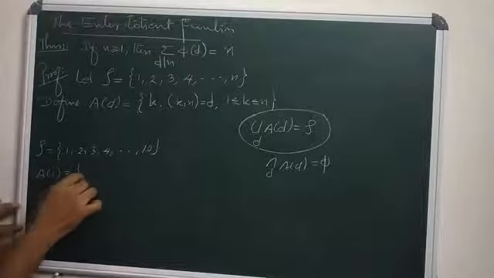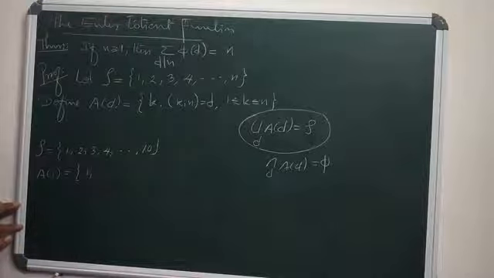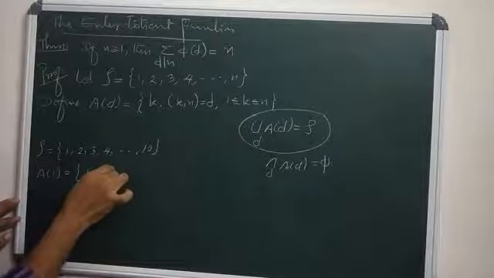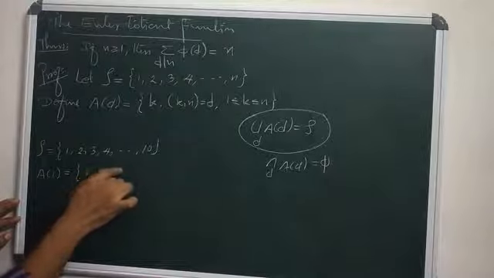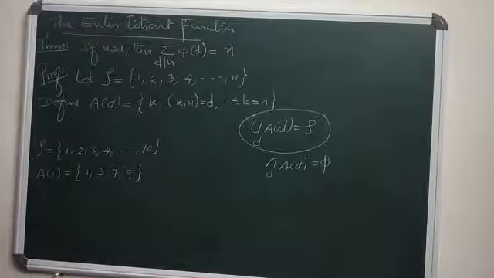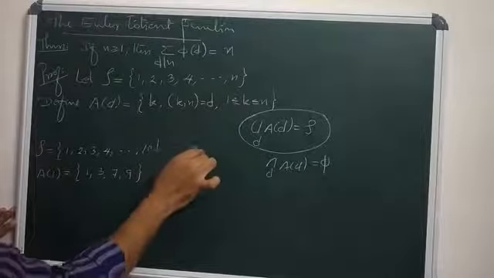Suppose n equals 10. The numbers which are relatively prime to 10 are 1, 3, 7 and 9. So A of 1 has 4 elements when n equals 10.